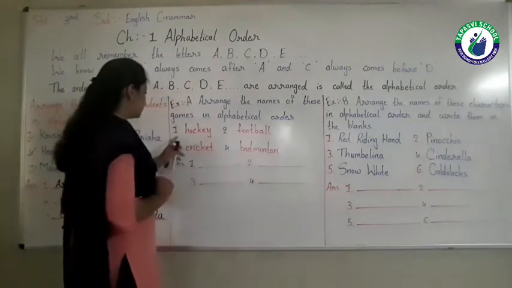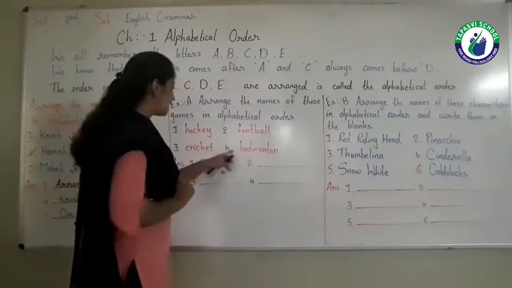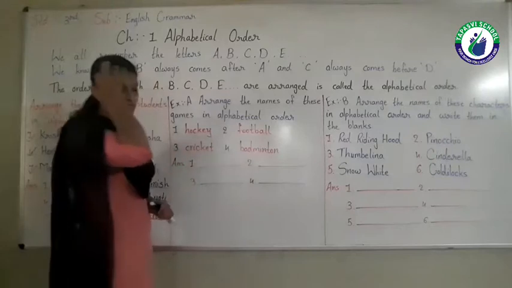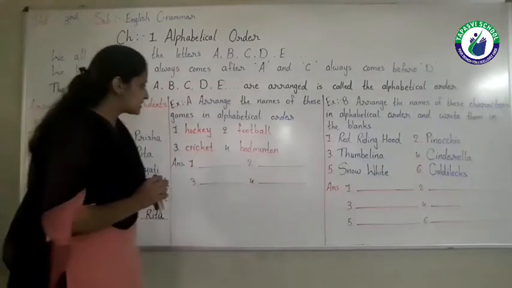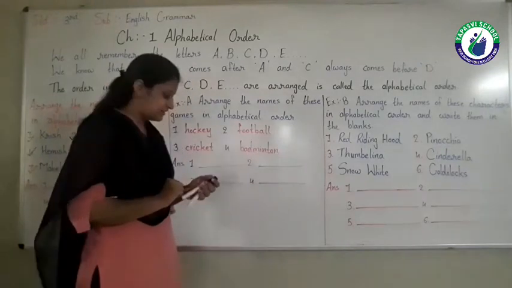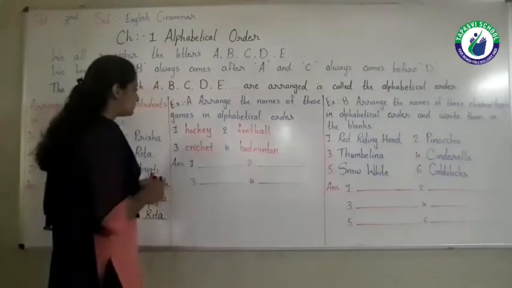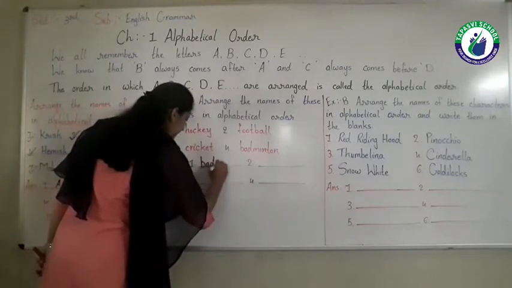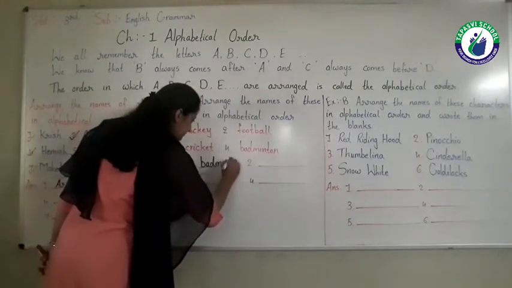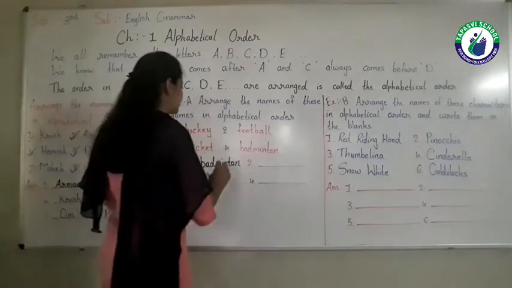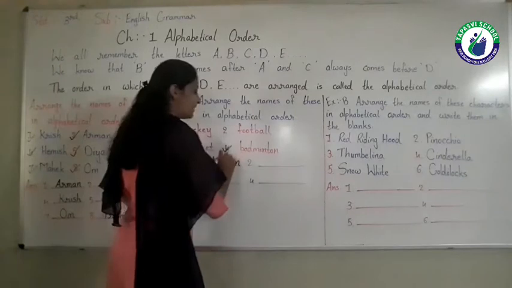No. B. Yes, it is given B. So which game is given that starts with letter B? Badminton. So we have to write down badminton in number 1. Now we have to tick right on the word badminton.